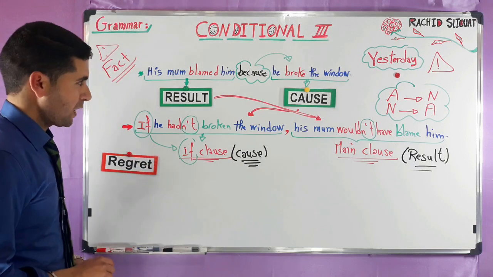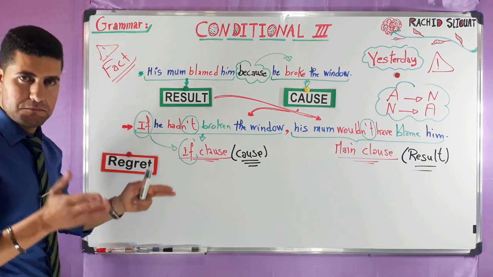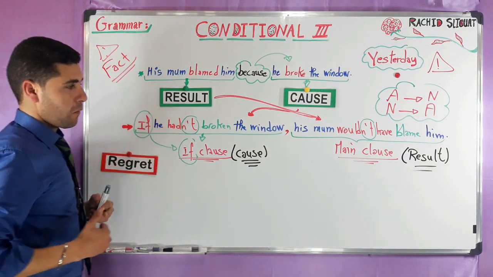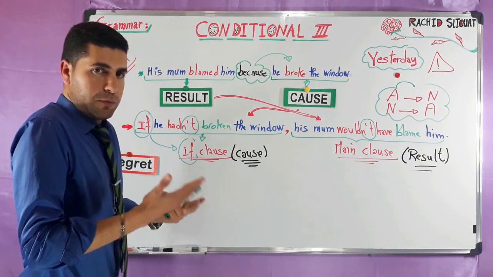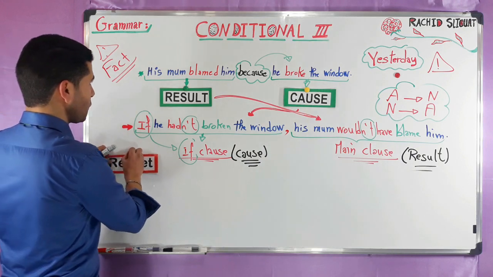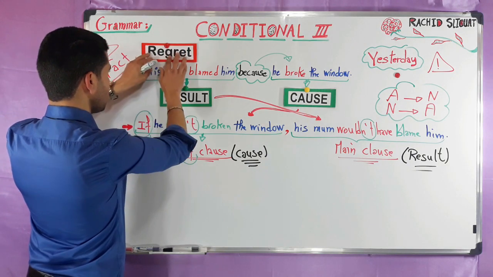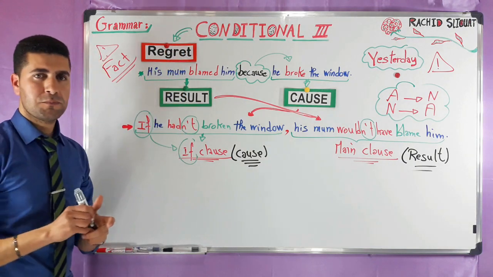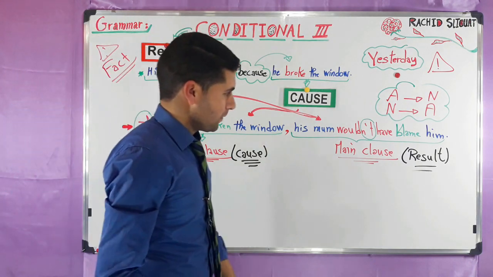This is just a way to express regret. So conditional 3 is always used to express regret. This is actually very simple.